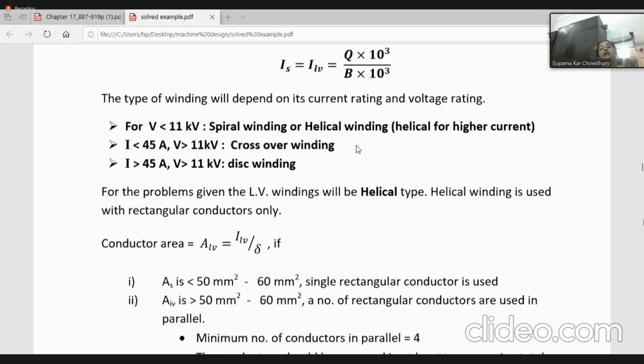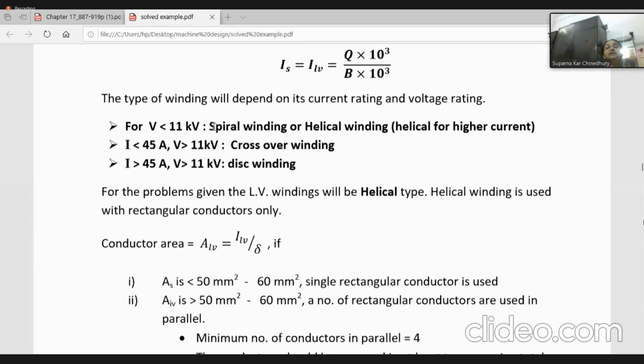For higher current, it is better to go for helical winding. Up to 100 ampere, we can use spiral winding. Lower current, we can go for spiral winding. Now, if the voltage is more than 11 kV and current is small, less than 45 ampere, we go for crossover winding. And if the current is high and voltage is also high, we go for disc winding.